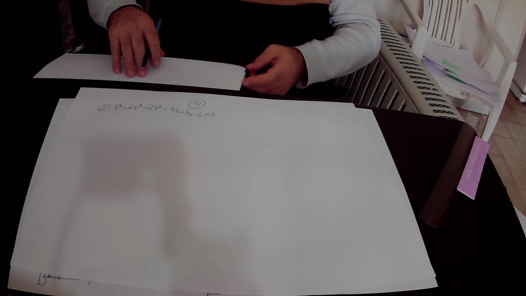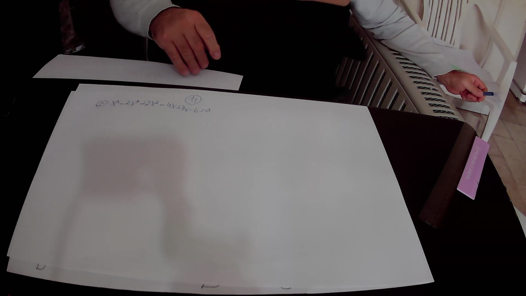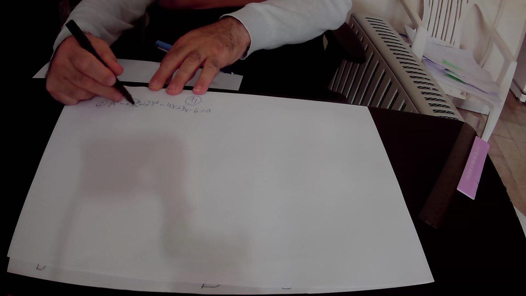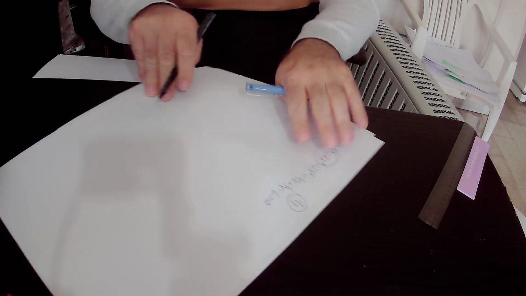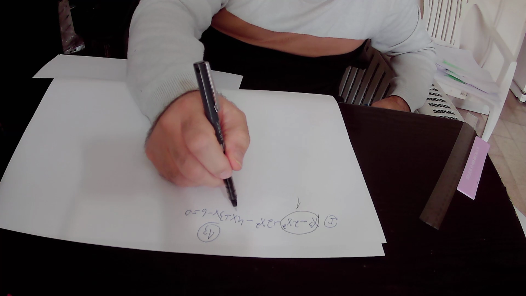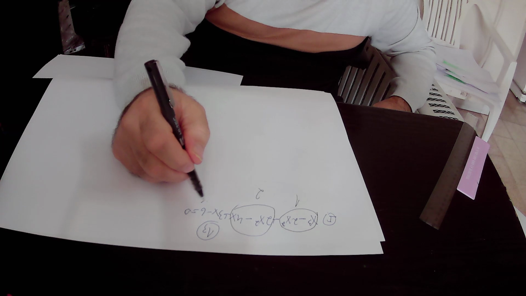So here we will divide this equation number 3 into 3 parts, and then we will take a common factor from each part. Okay, so part number 1 will be this part, this will be part number 2, and this will be part number 3.